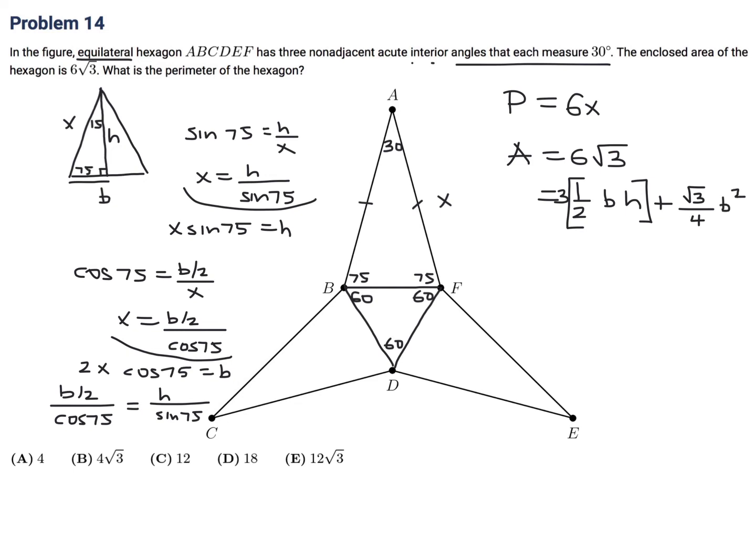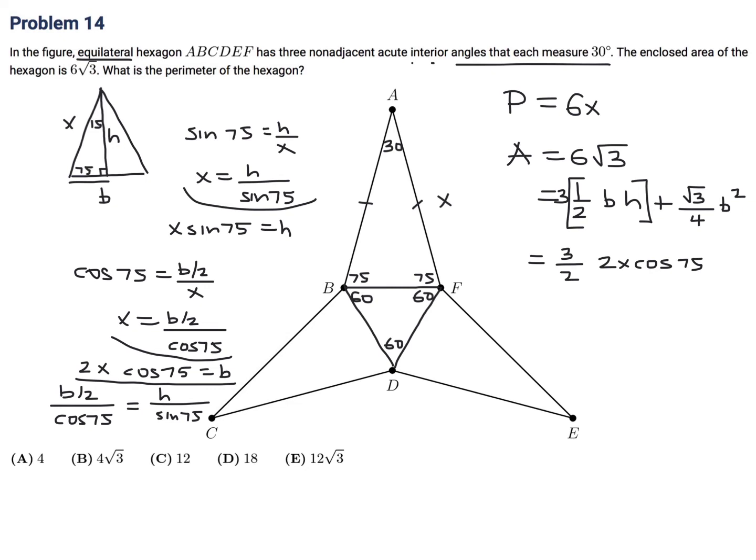Got it? Okay, let's see what we can get here. This is going to be 3 over 2. The base is b, but b I have over here. So I've got 2x cos 75.